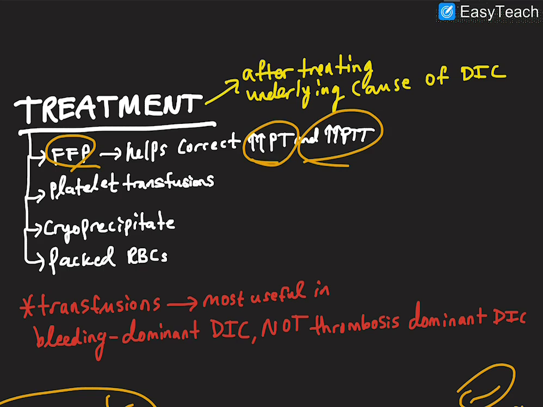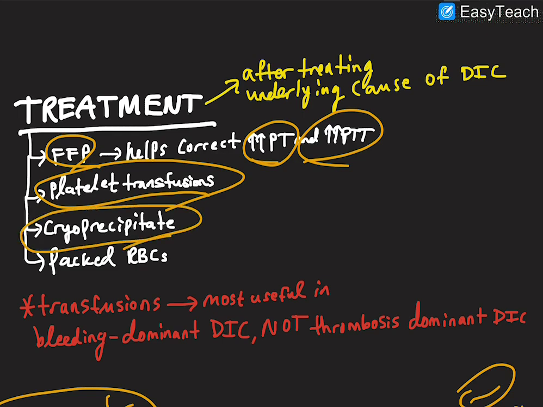You can give platelet transfusions, right? Why? Because you're using platelets to form what? Clots in DIC. So if you have severe thrombocytopenia, you can consider platelet transfusions. And remember, in DIC, you have very low fibrinogen levels. Okay, so you can consider giving cryoprecipitate because that contains factors 8, 13, von Willebrand factor, and fibrinogen.